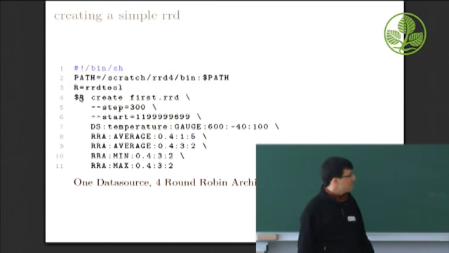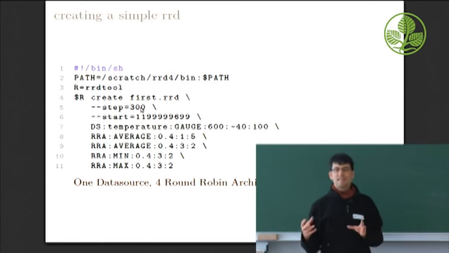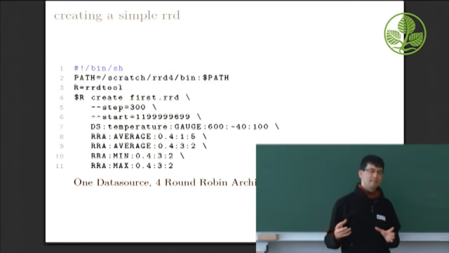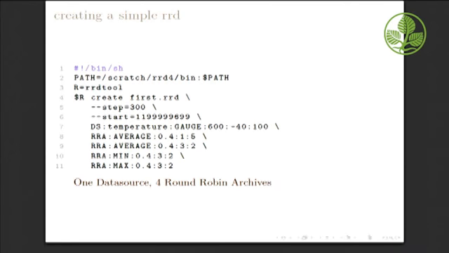So what this does is it creates an RRD database. And that RRD database is called first RRD. The database has a base interval of 300 seconds. This means RRDtool will resample all the data you feed into that database to a 300-second interval.